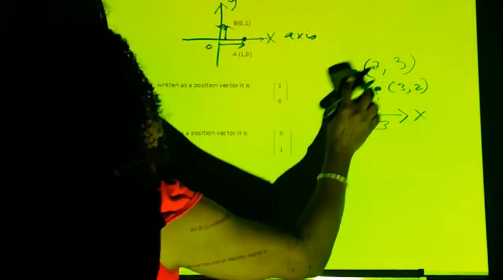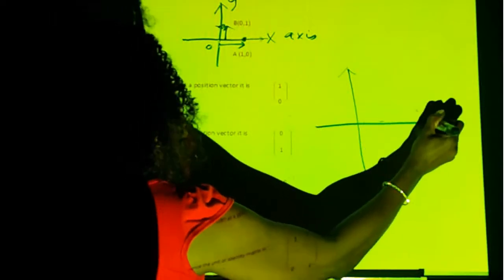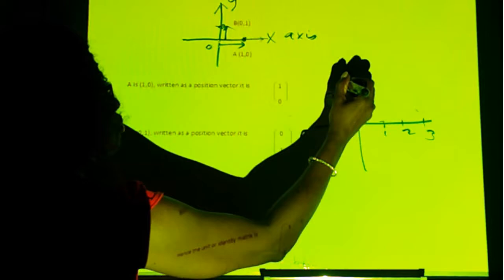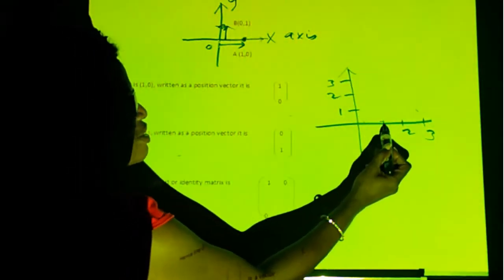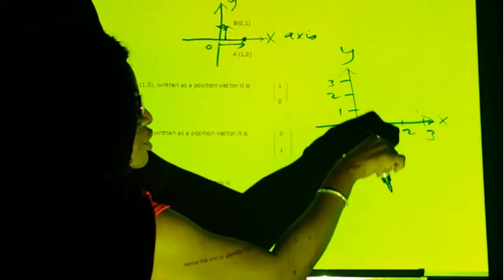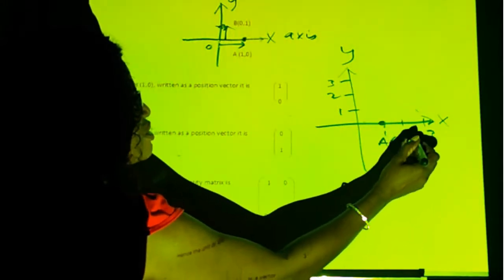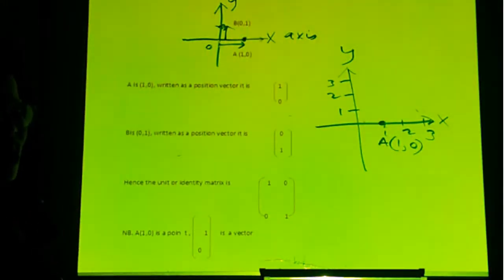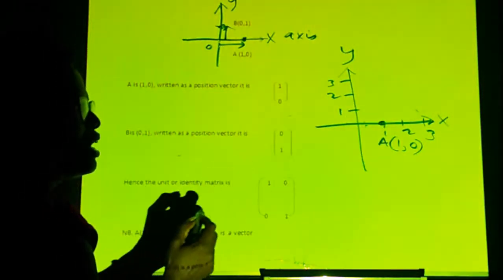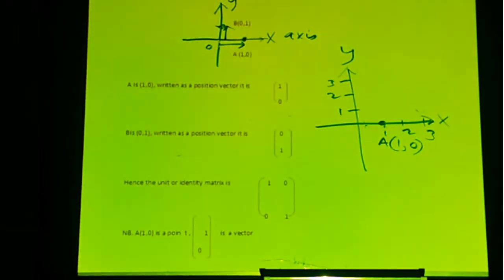So where do we find (1, 0)? Again, we read off the x-axis first. So it's 1 on the x-axis, and the horizontal line is the x-axis, and we don't go up nor down, we stay in the same place. So this point A is (1, 0). Now this point is (0, 1).